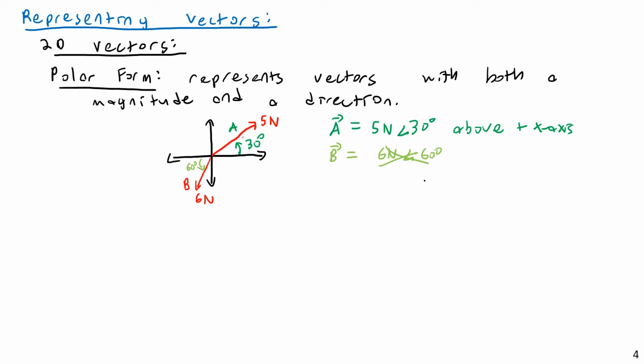So if you tell me 6 newtons at an angle of 60 degrees, I'm going to assume you're talking about a vector of 6 newtons at about right there or so. So we can't just say 6 newtons at an angle of 60 degrees, but instead I'd have to do one of two things. I could say 6 newtons at an angle of 60 degrees below the negative x-axis.